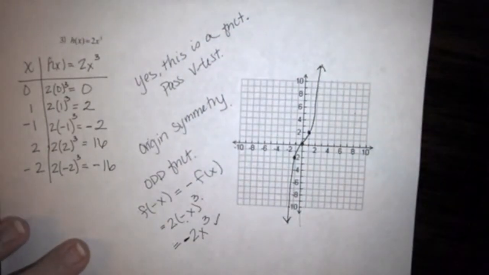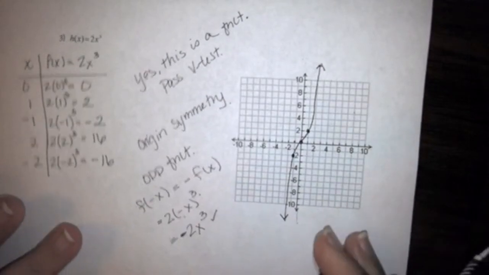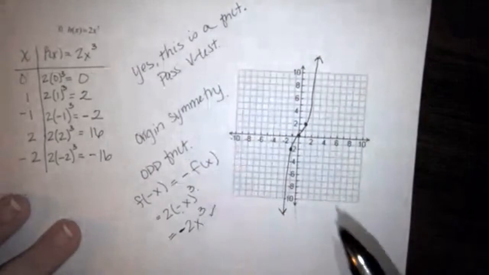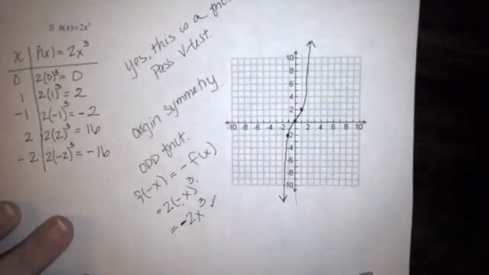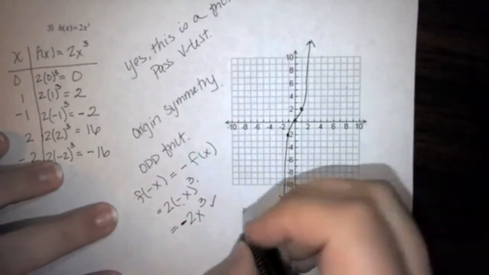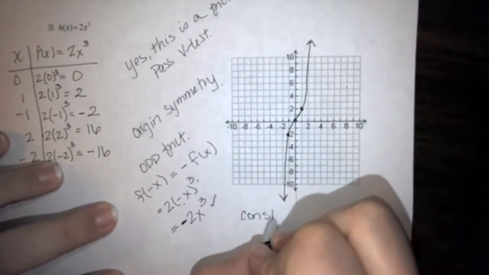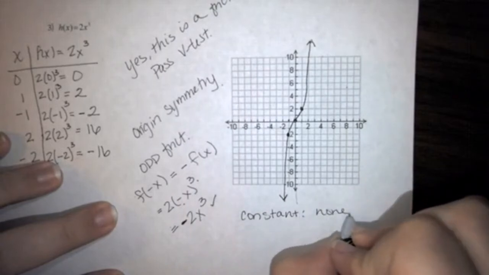Now, the last thing we have to look at is increase, decrease, and constant. When looking at this graph, do I have any horizontal lines? Well, the answer to that is no. Therefore, when we're looking at constant, for this graph we have none.